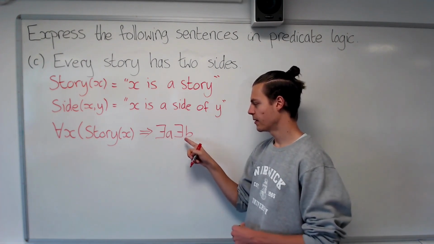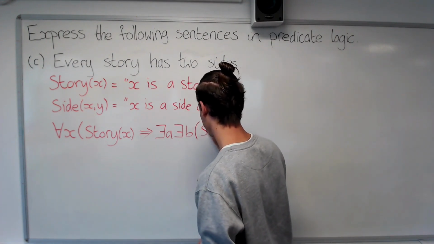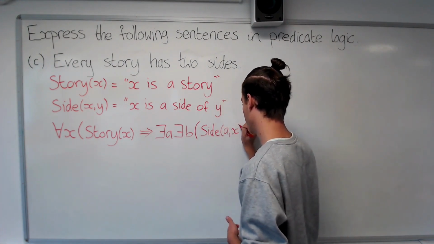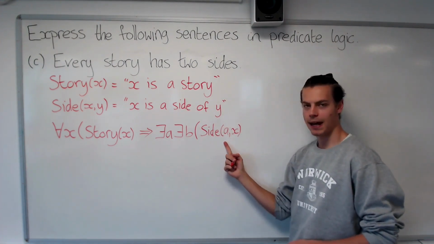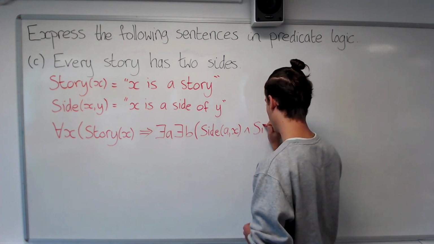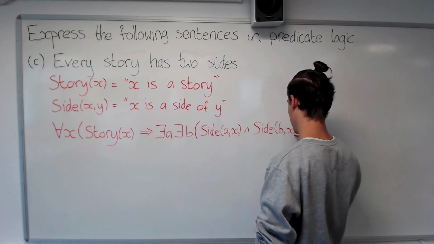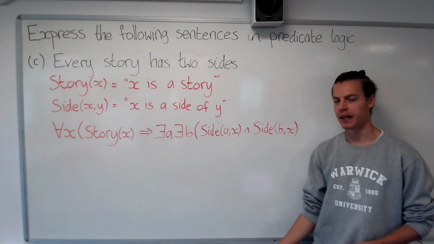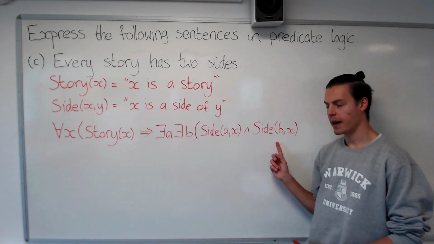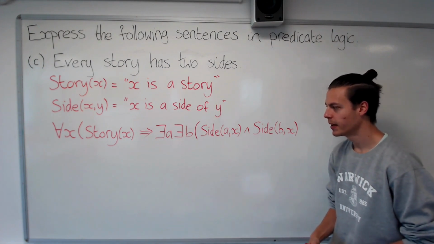There exists A and there exists B. Such that A is a side of X and B is a side of X. But we're not quite finished there, because right now we don't know that A and B have to be different things, okay?